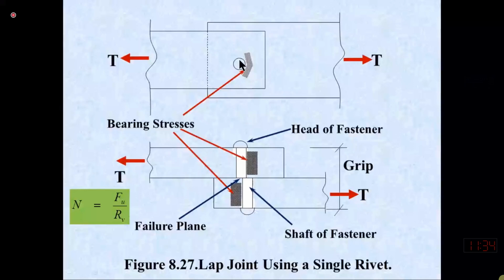So this plate can slip along the diameter, and this is called slip critical. It means that slip is allowed.